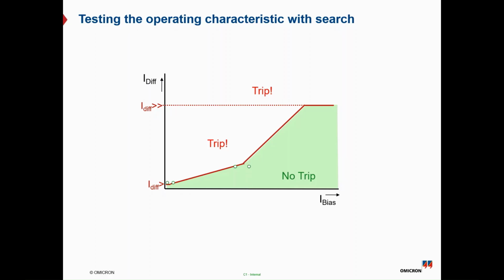As you can see, here is the way to check the operating characteristic using the search test module. It will approach up and down until it gets the most accurate value of the IDIF, which should be within the tolerance band defined by the protection relay manual.